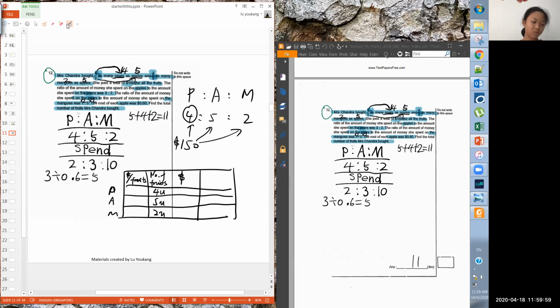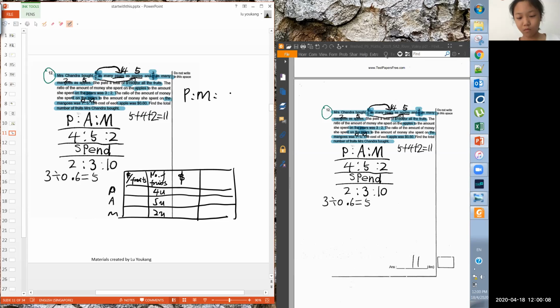So now let's focus on the amount spent. So pear, mango, and apple. So pear to apple is 3 and 2. And the ratio of the amount of money she spent on the pears to the amount she spent on the mango is 1 to 5, right? Is it 1 to 5?